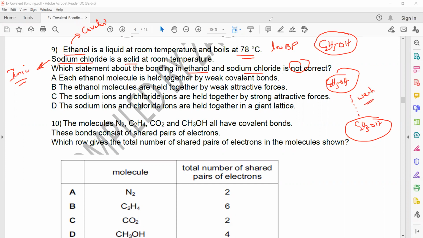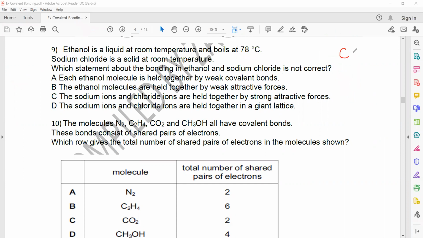What is a covalent bond? A covalent bond is between atoms, like the atoms in the structure, when they share electrons. We call that bond covalent. But between the molecules, we don't have this covalent bond. So that's why A is not the right statement. When we check statement B, ethanol molecules are held together by a weak attractive force.